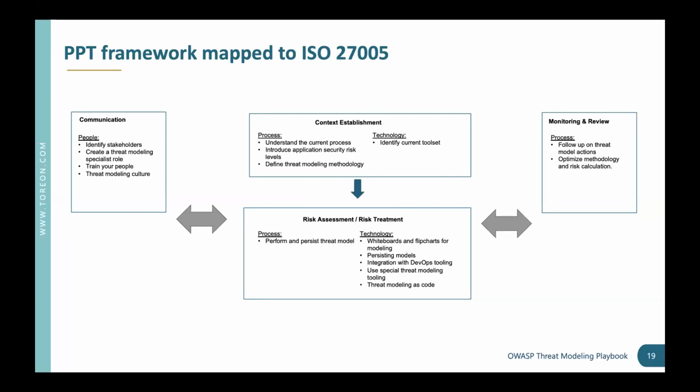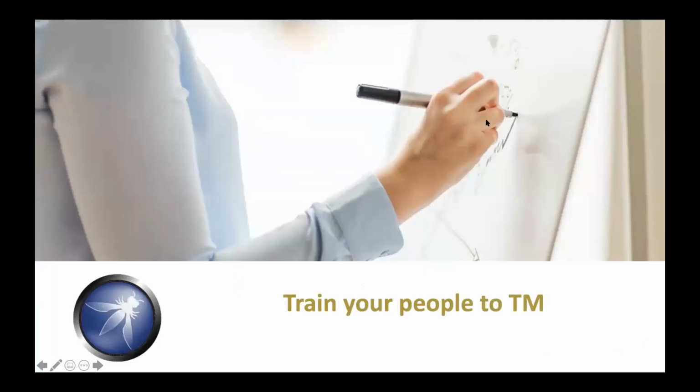There's a couple more here, but what we've done is we've mapped the threat modeling playbook activities on this as an overall structure to make it easier for you, I would say, to embed threat modeling as a technical activity in an overall risk framework within the organization. And that's important, that it's not a standalone activity.